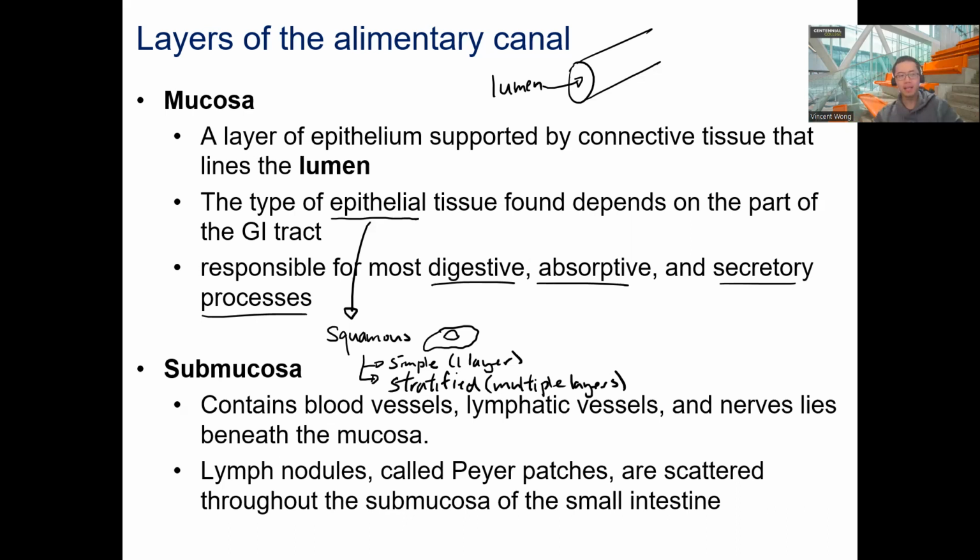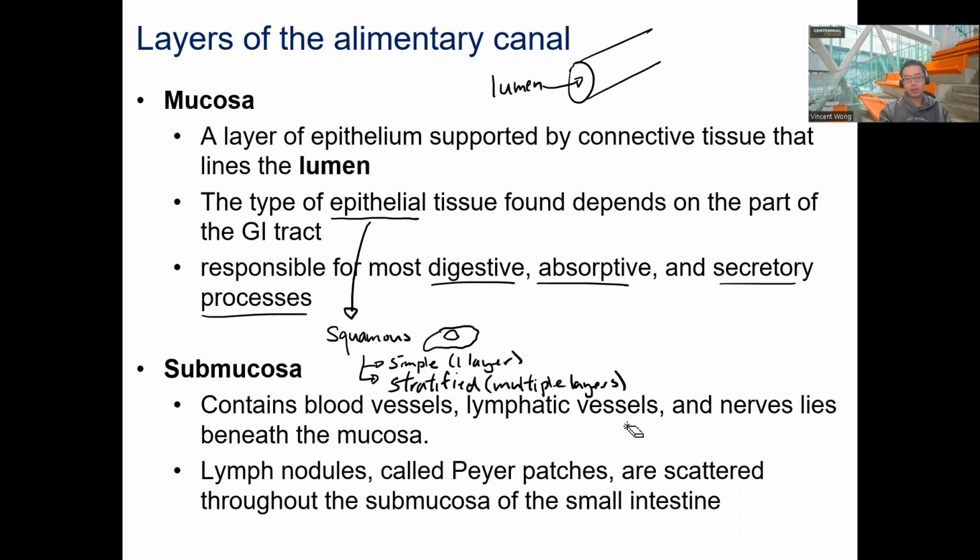That's where the main site of absorption occurs, in the later parts of the small intestine, as we'll see. The proteins that you have broken down into amino acids have to go into your blood vessels, and that occurs at the submucosa of the later part of your small intestine.